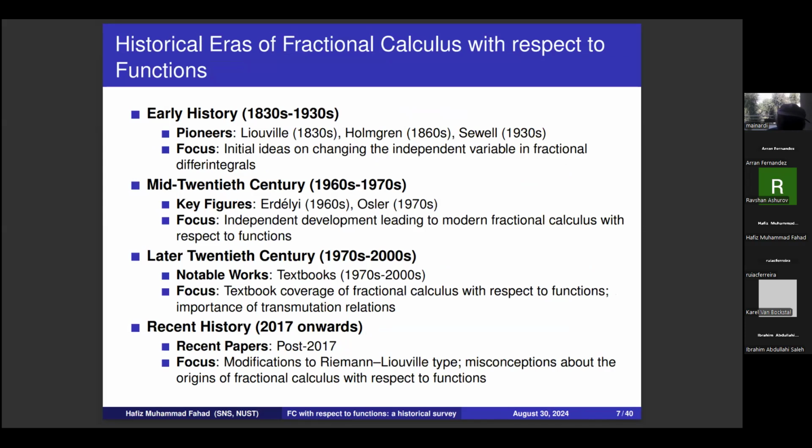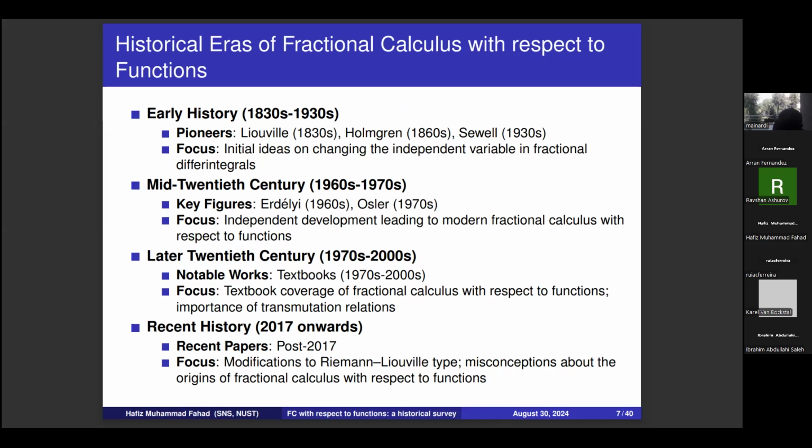The first era, the early history, I mean, the era during the years 1830s to 1930s was marked by the pioneering contributions of figures like Liouville in the 1830s and Holmgren in the 1860s, and then Sonin in the 1930s. So during this period, the focus was primarily on exploring the potential of changing the independent variable within fractional differintegrals.